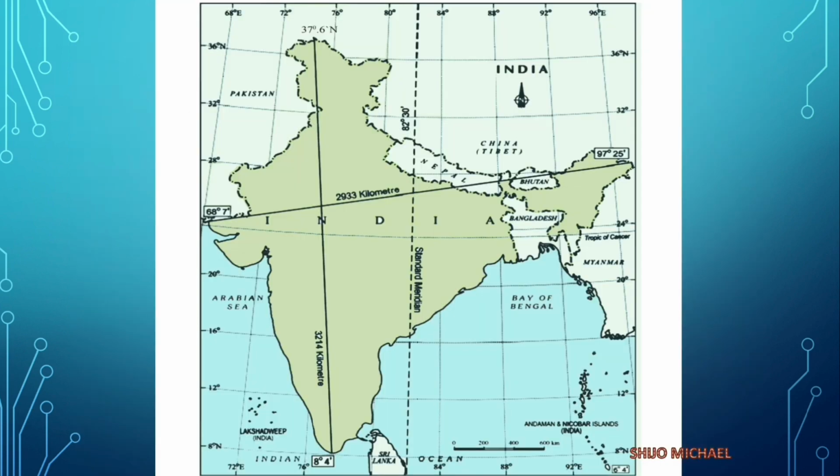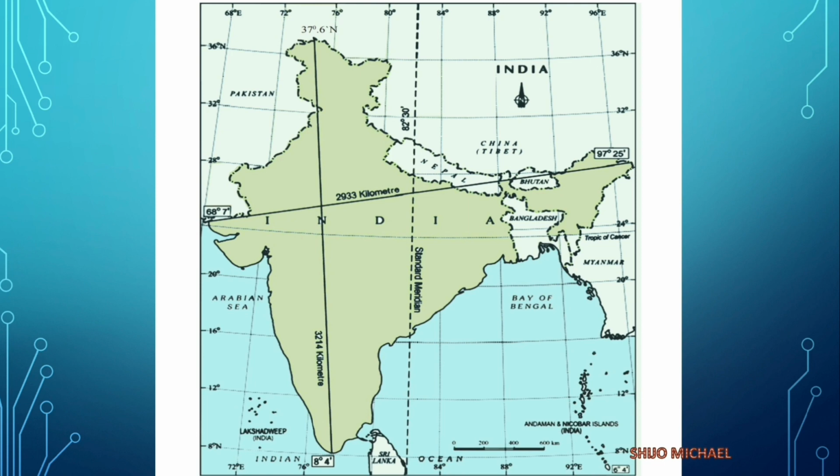This map will give you a clear idea about the location of India. India lies between 8 degree 4 minutes and 37 degree 6 minutes northern latitudes, because India lies in the northern hemisphere. And if you take the longitudes, India lies between 68 degree 7 minutes and 97 degree 25 minutes eastern longitudes, so India lies in the eastern hemisphere.